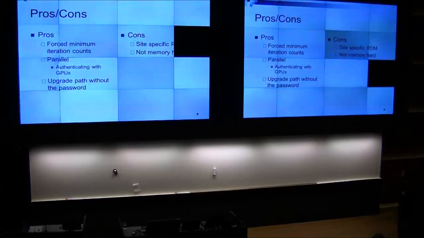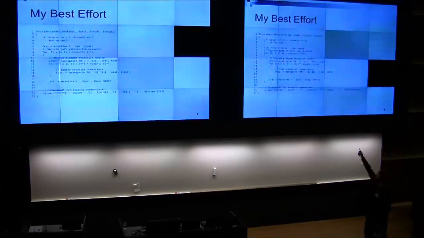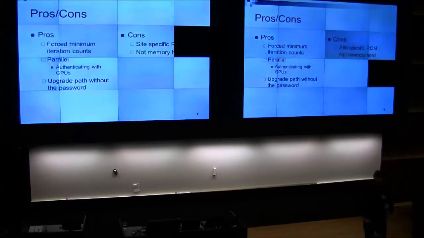The only problem is no site-specific ROM unless you do it at the beginning, which means that it's less efficient. Or you can do it in the middle, but then you have to modify the algorithm. Not memory hard unless the hashing algorithm is actually memory hard, such as bcrypt with a hardness of 0, which is 2 to the 0, which is 1 iteration.